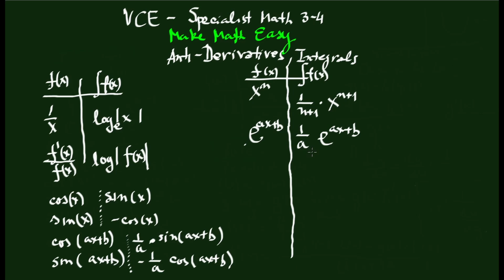From tangents we have secant, so secant will then return back to tangents, right? So secant squared of ax plus b will be 1 over a times tangent of ax plus b.